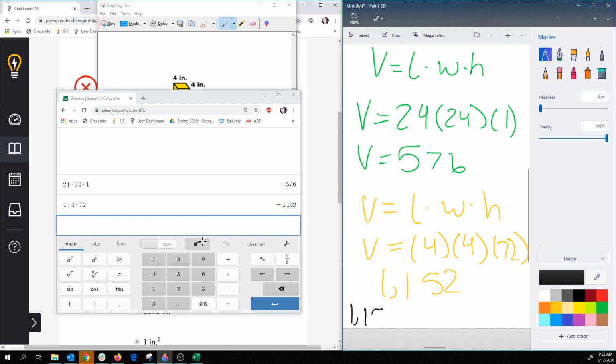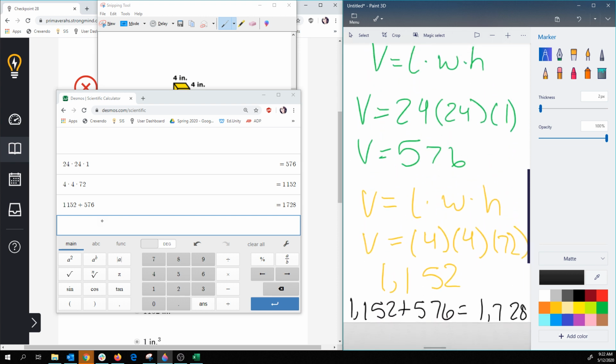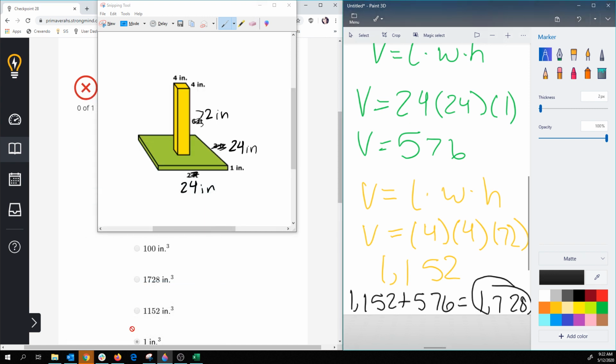So 1,152 plus 576. And when I add them together, I get 1,728. Whoops, so sorry. I'm a bit too close to the edge here. There we go. So final answer for this figure is going to be 1,728.